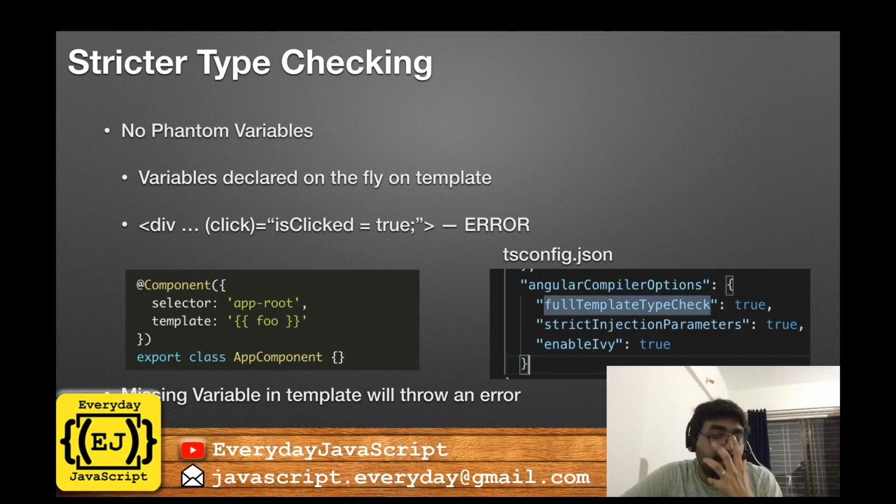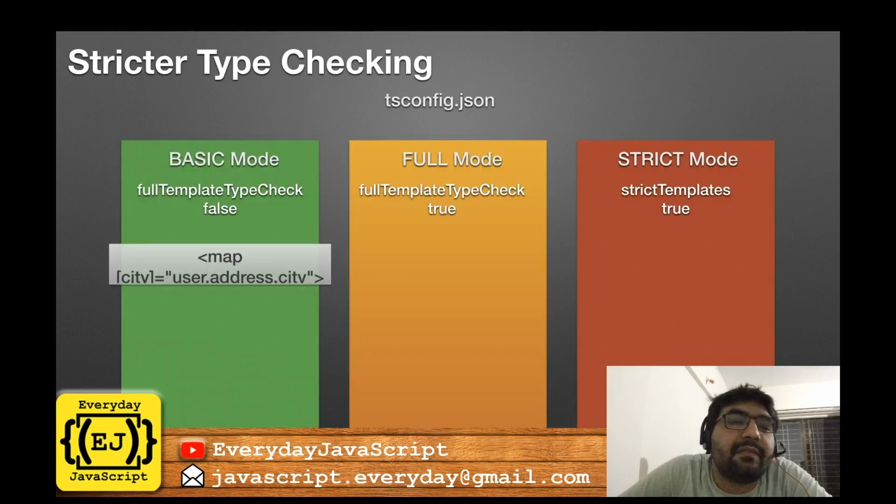What all options are present? We have three different modes. The basic mode, which I don't recommend, where you set fullTemplateTypeCheck to false. I don't recommend it at all. Over here, it's a very basic type checking.